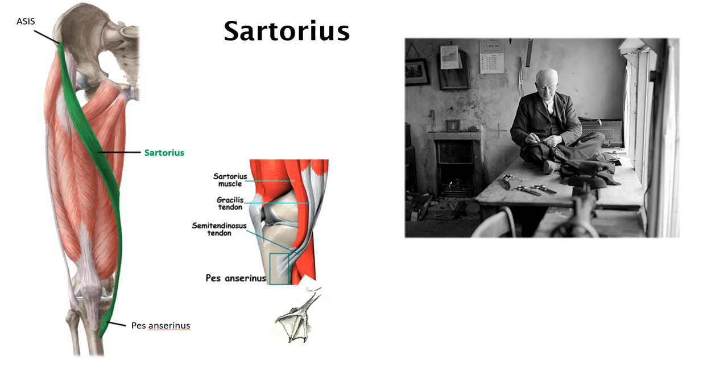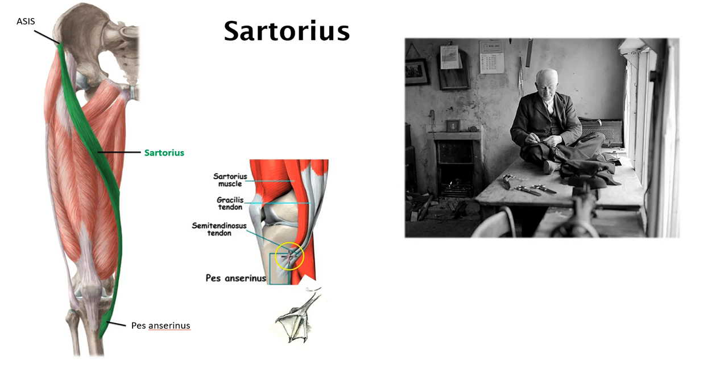The sartorius arises from the anterior superior iliac spine, or ASIS, and courses inferiorly and medially across the anterior thigh, inserting onto the medial tibia via a tendinous structure called the pes anserinus, named because it looks like a goose's foot.